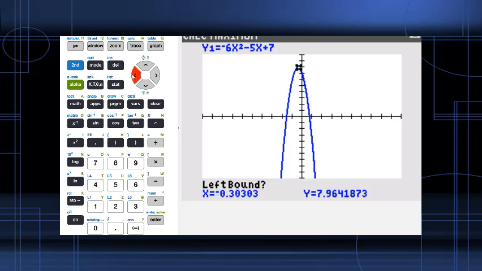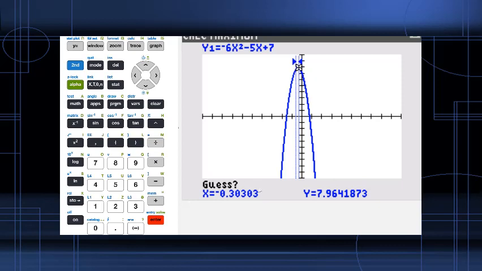I want to move this cursor to just to the left of where I see that maximum, and I'm going to hit enter. Then it's asking me for the right bound, so I'm going to move it just to the right of where I think that maximum is, and hit enter.